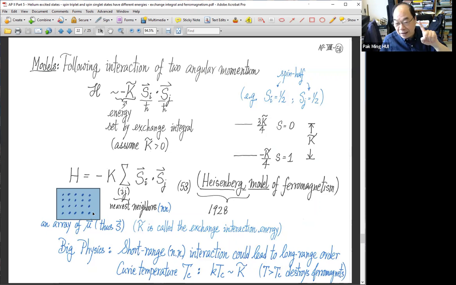As long as there's a condition, the temperature is not too high. That temperature is called the Curie temperature. It was found physically for real ferromagnetic materials that the Curie temperature is something like, let me see, I think 300 Celsius or something.